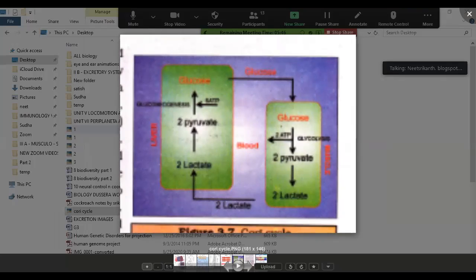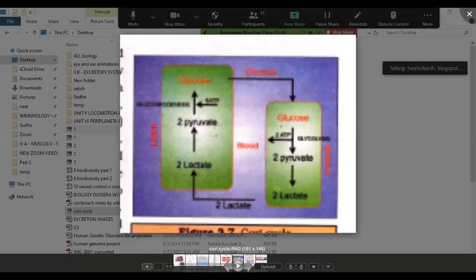We need to start from the bottom, with 2 lactate. The 2 lactates are converted into 2 pyruvates, and the 2 pyruvates are converted into glucose. Where will this glucose reach? Glucose will reach the muscles again, and in the process of glycolysis it will be converted into 2 pyruvates.